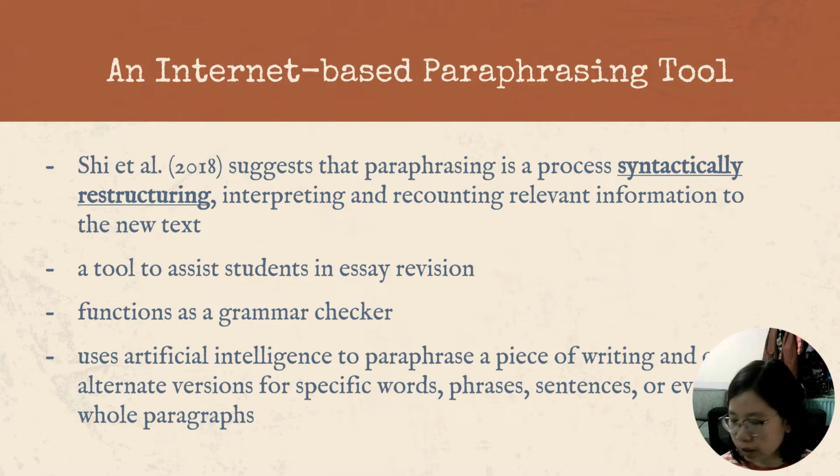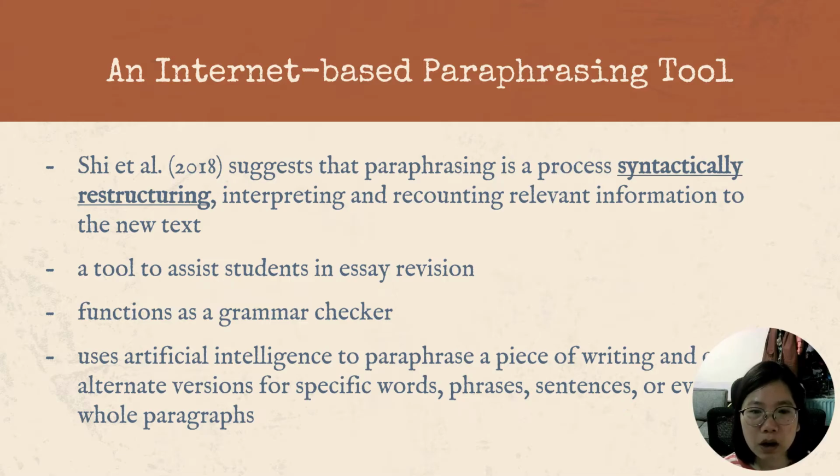And one of the skills that students need when they revise their essays is their paraphrasing skill. She et al. suggest that paraphrasing is a process of syntactically restructuring, interpreting, and recounting relevant information into the new text. And one of the tools that is very common nowadays is internet-based paraphrasers such as Quillbot or Wordtune or many others.